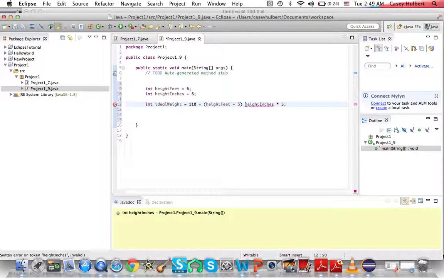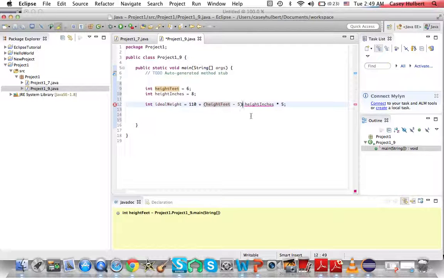The reason we minus 5 is because the 110 pounds we're putting into the equation already indicates 5 feet, so we need to minus 5 feet because we already have it. If we minus 6, which is the height feet, it means 6 minus 5, which gives us a leftover of 1 foot.